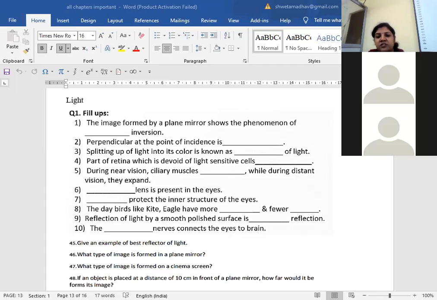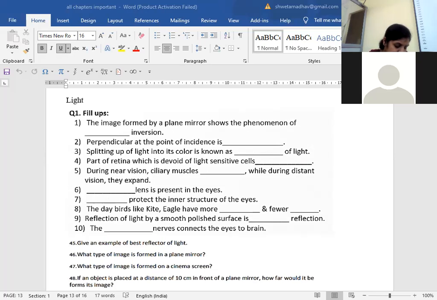Perpendicular at the point of incidence is normal, right? Splitting up of light into its colors is known as dispersion of light. Part of retina which is devoid of light sensitive cells. Devoid, that means it doesn't have. Blind spot.